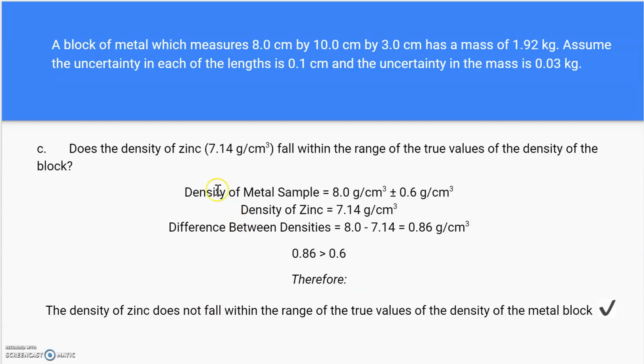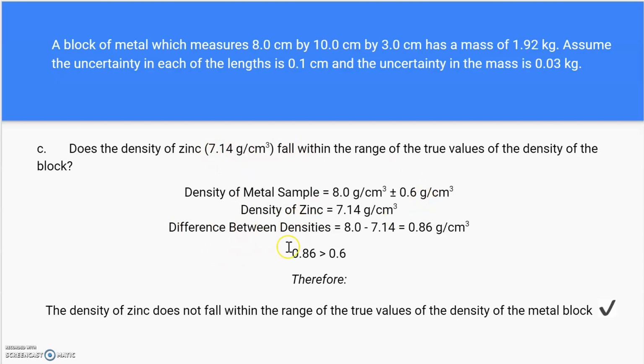Now part C is easier and simpler. Part C asks us if the density of the zinc, as given, falls within the range of the true values of the density of the block. So we have that the density of the metal sample is 8.0 grams per centimeter cubed plus minus 0.6. We have that the density of the zinc is 7.14 grams per centimeters cubed.